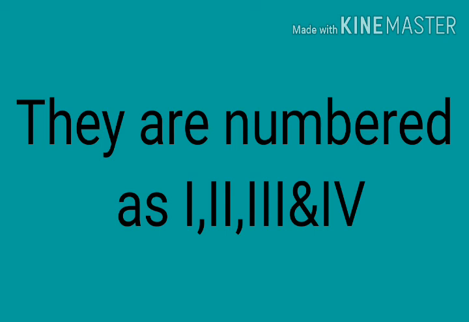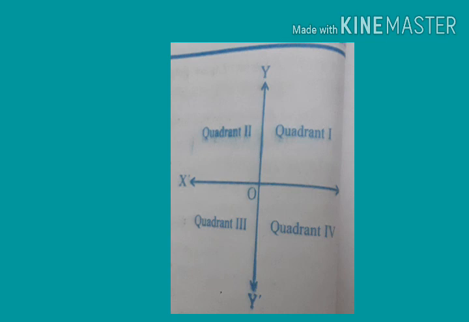Then we start the numbering from the top right part. Okay, top right part. From there we start and number anti-clockwise. So the first quadrant is right top, the second quadrant is left top, the third quadrant is bottom left and the fourth is bottom right.